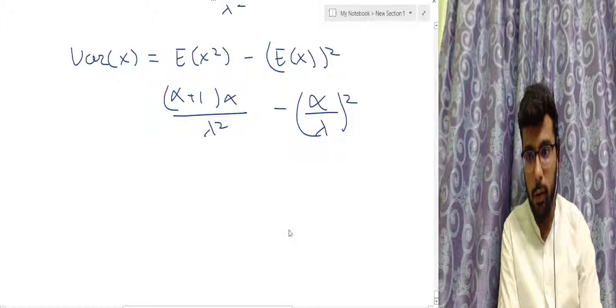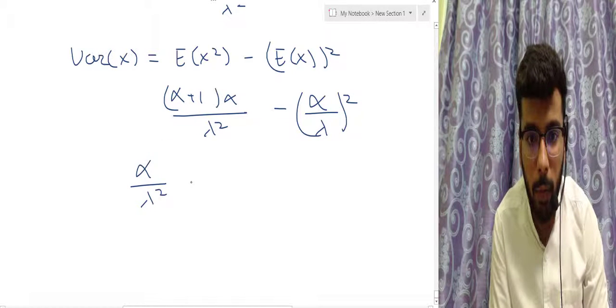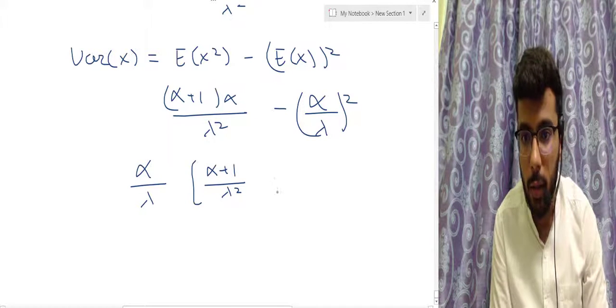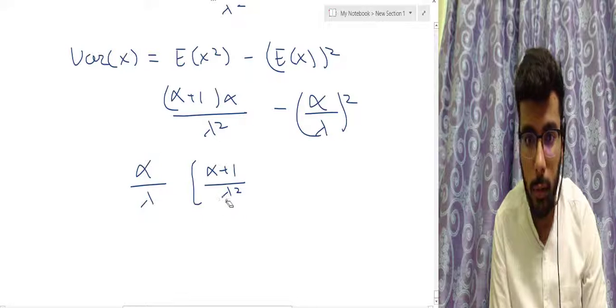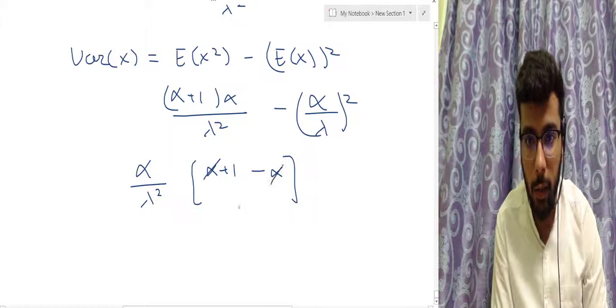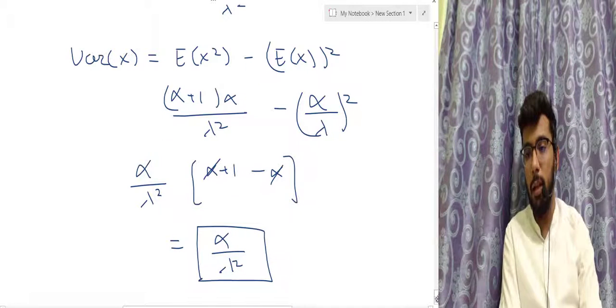Now just to simplify this, you can take alpha by lambda square common. Inside you will just have alpha plus 1 minus alpha, so alpha and alpha will cancel out and your variance becomes alpha upon lambda square. That's your variance. So that's how you find the mean and the variance.